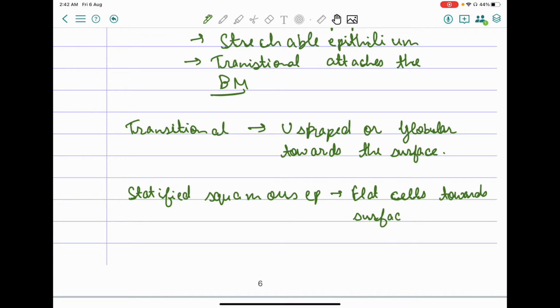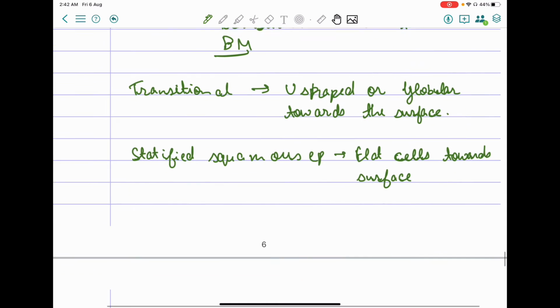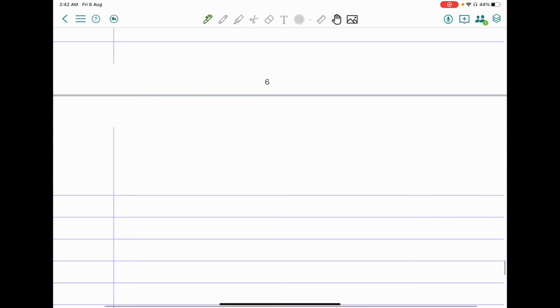And at last, pseudostratified epithelium with cilia.